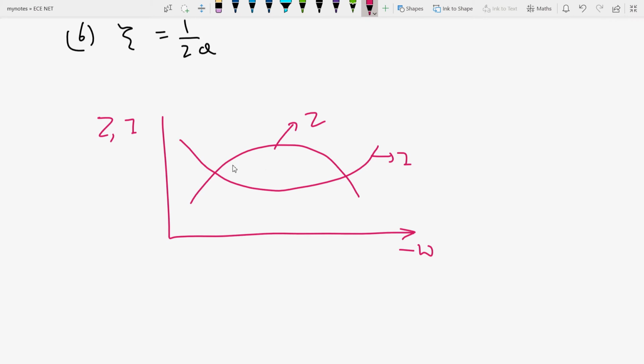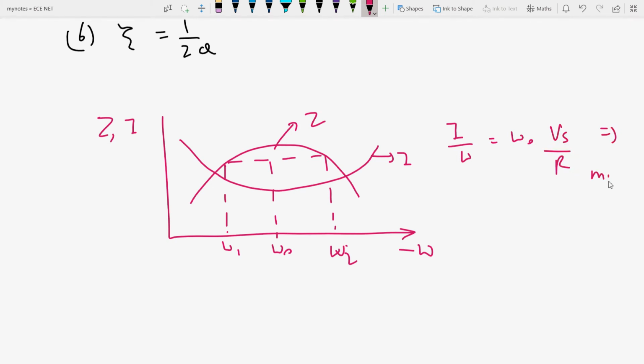And here it is the center resonant frequency, here it is omega 1, and here it is omega 2. Okay, so the current, the ratio of current and frequency, that means omega naught into Vs upon R, this is minimum.